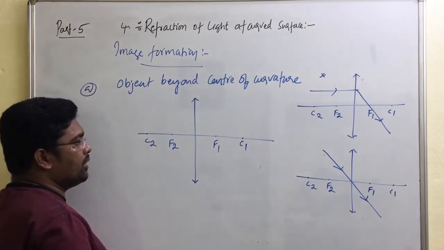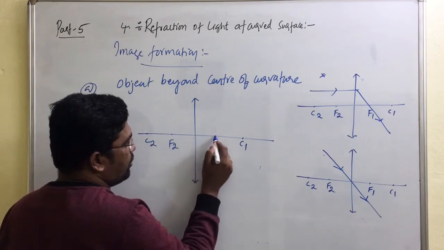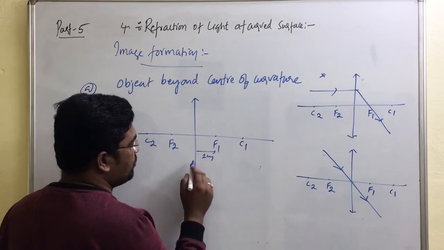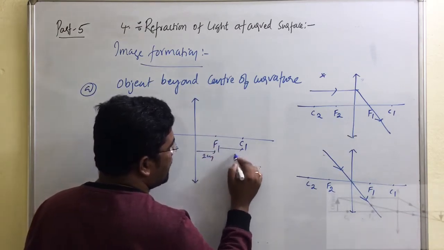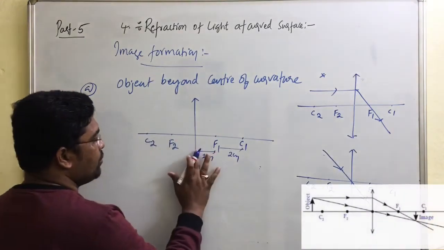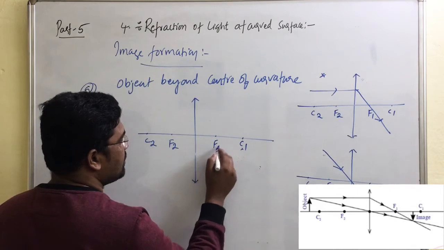Children, you have to remember, when you draw a ray diagram, if the distance from the optic center to the focus is 2 centimeter, let us assume, then the distance from the optic center to the center of curvature should also be 2 centimeter on both sides. It is very important. Is it clear?